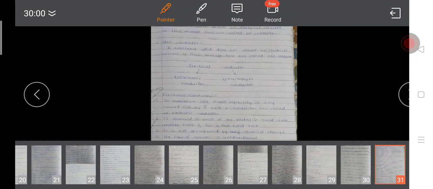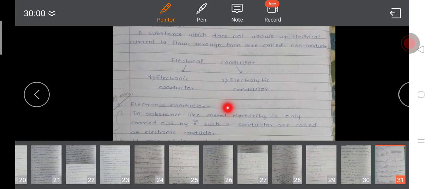And in case of the electrolytic conductor, the name itself indicates there should be an electrolyte. And you know, an electrolyte is made up of two ions or multiple ions. Now we will discuss the electronic conductor.